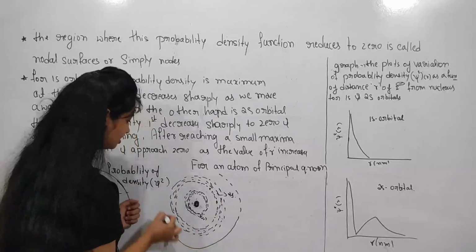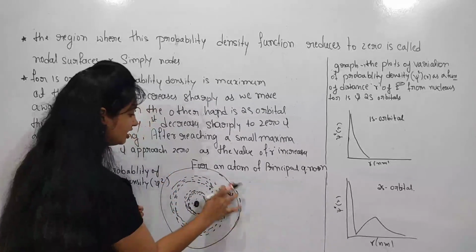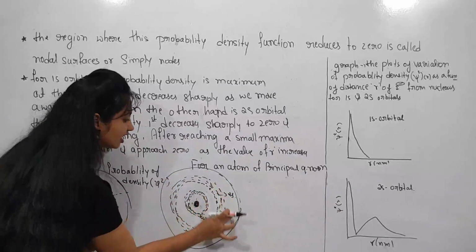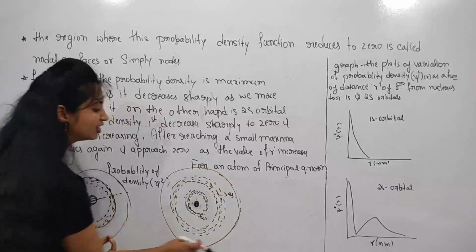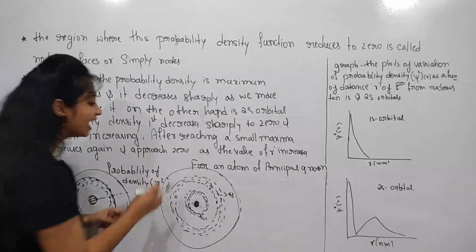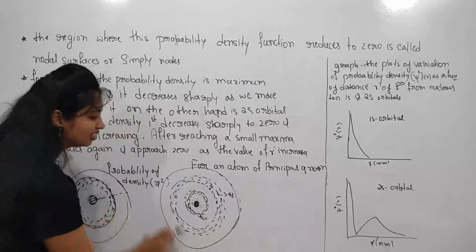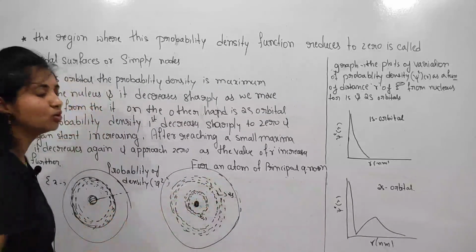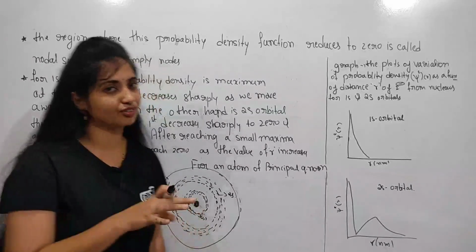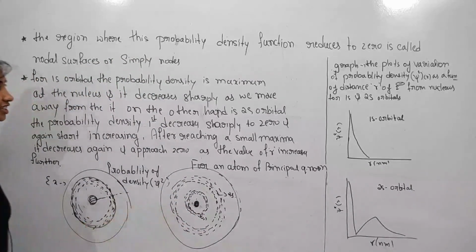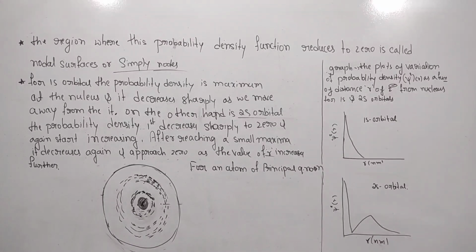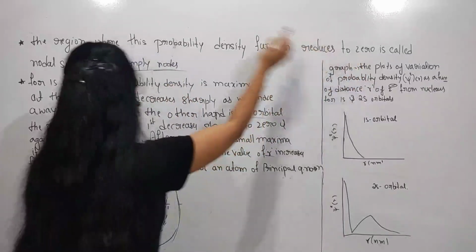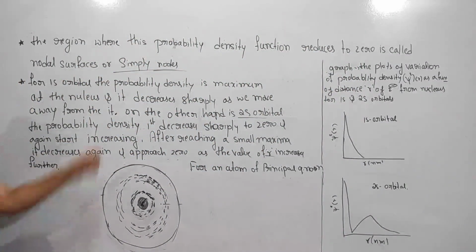Next, as I move again away from the nucleus, observe this empty region. Here again I don't get any probability density. I don't get any kind of electron density in this space. This empty space is called a node or a nodal surface. The region where the probability density function reduces to 0 is called nodal surfaces, or simply nodes.